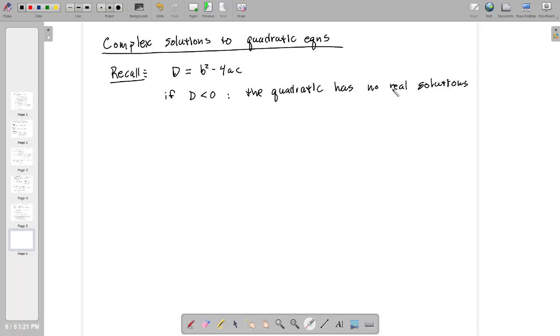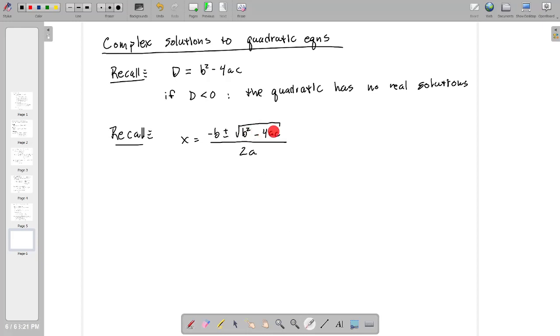Now the key word here is real solutions. We still have two complex solutions, we just don't have any real solutions. So let's go ahead and recall what the quadratic formula is. x is equal to negative b plus or minus square root b squared minus 4 times a times c all over 2a.